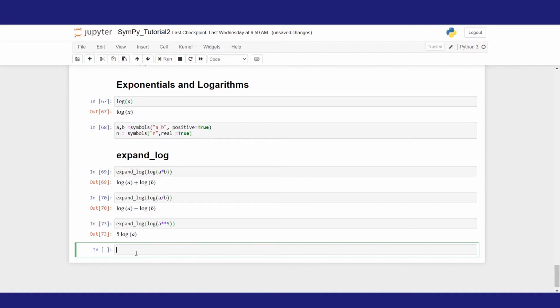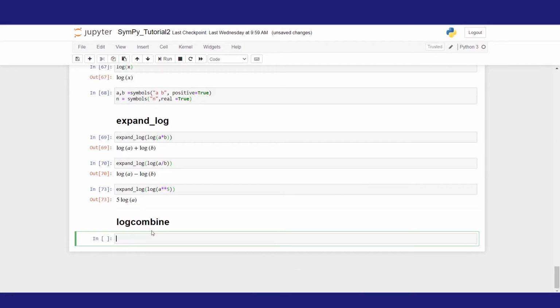If you wanted to move in the backward direction, you would make use of the log combine command, the log combine function. Let's say you have log of a plus log of b, and this is equal to some expression z.